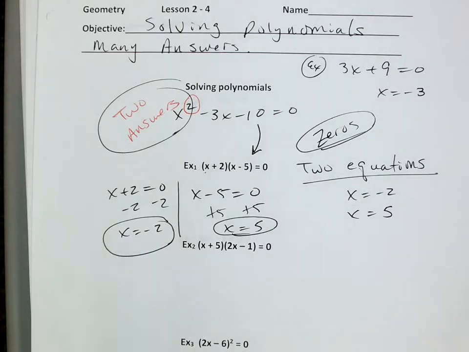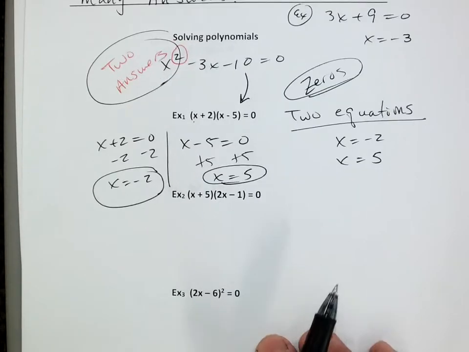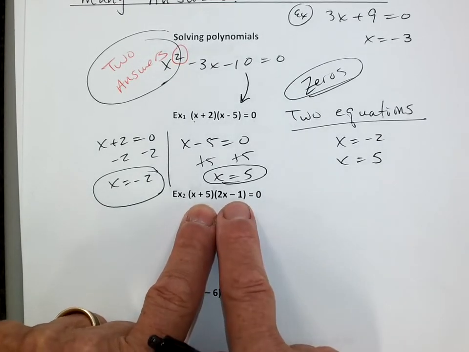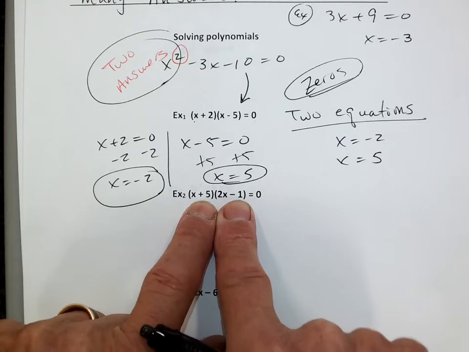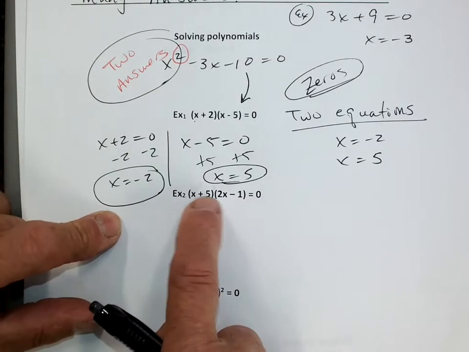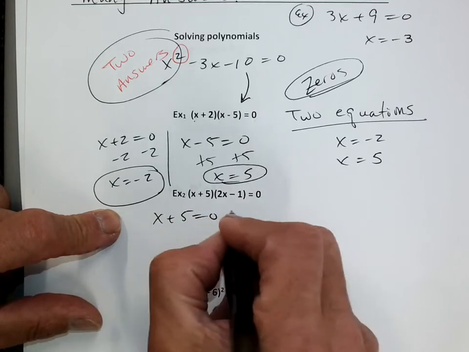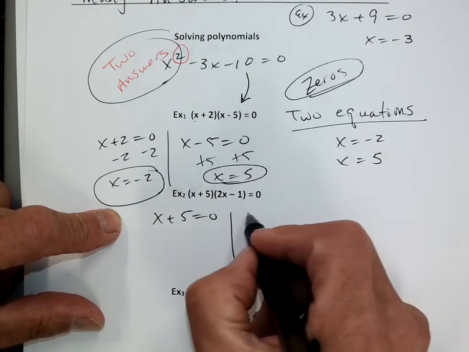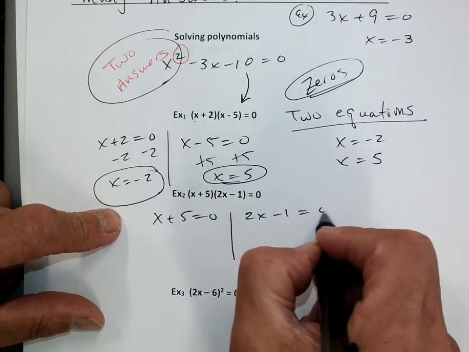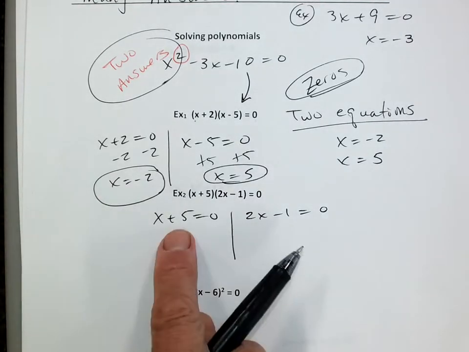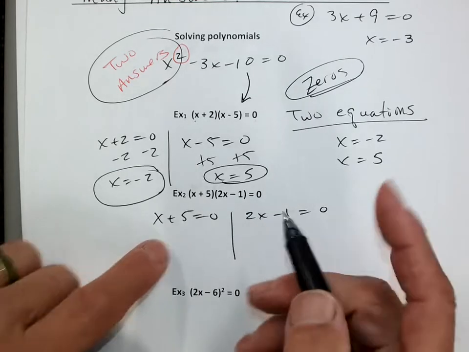Okay? Easy. Let's look at number 2. Number 2 is going to have two answers. To get the two answers, we need two little mini equations. So we break it up. We have x plus 5 equals 0, and 2x minus 1 equals 0. Let's solve this one first.